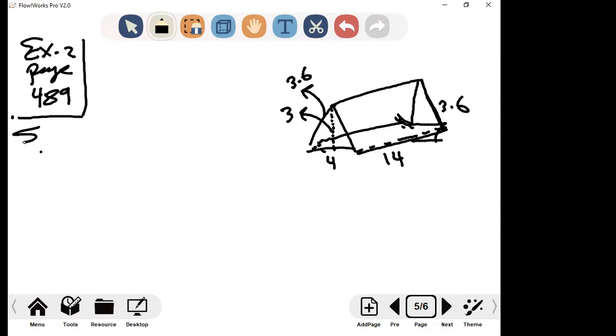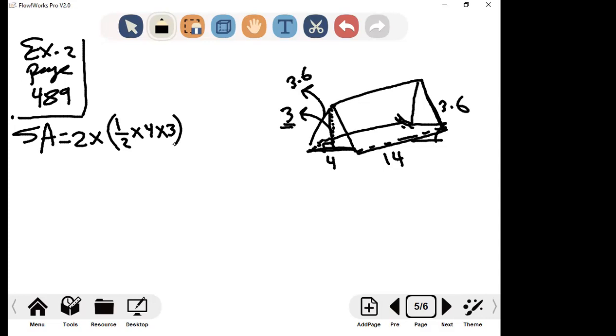Surface area equals 2 multiply half multiply base multiply height, the area of the triangle. Don't forget, half multiply the base of it 4, the height of it 3. They wrote right angle here, 3, 4 multiply 3, right? Done.